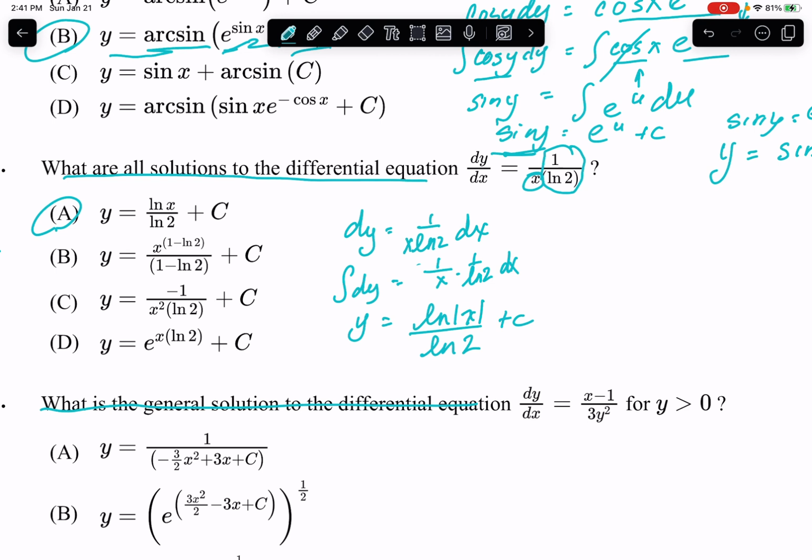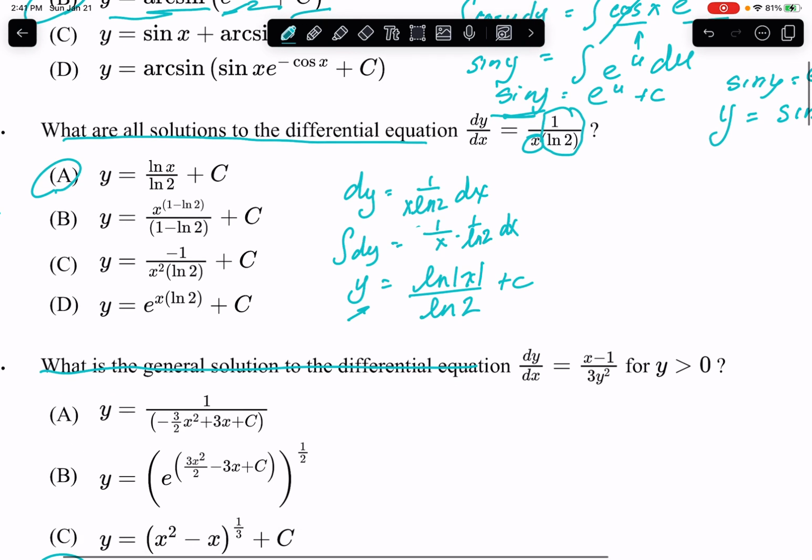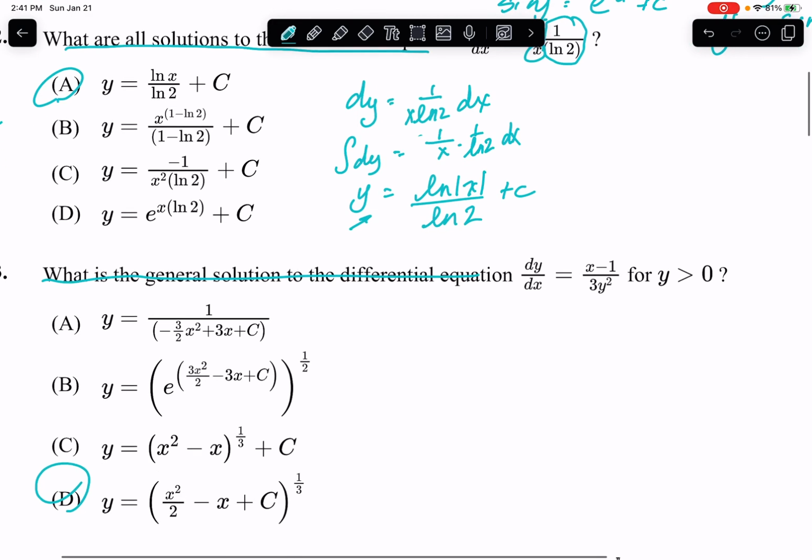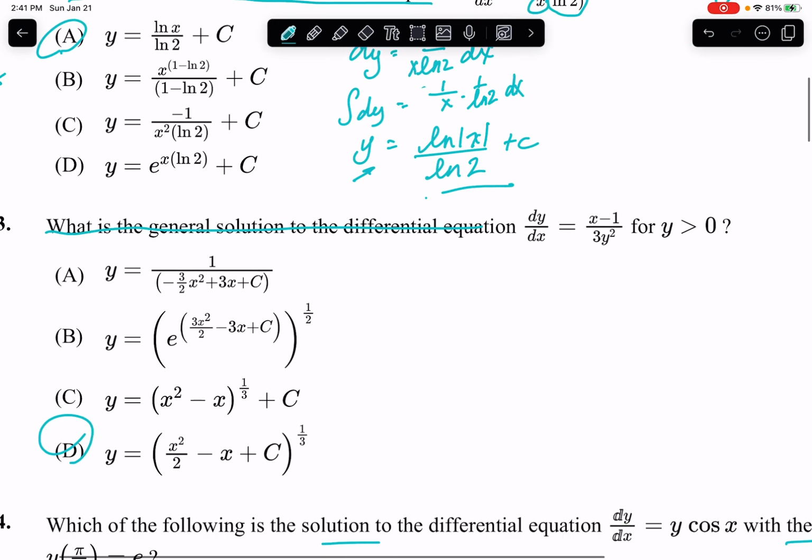I don't have another explanation for why they left that ln of x without the absolute value, because they would have to tell you what if y was going to be positive or something like that to get rid of it. But you don't have any other choices, so you're going to have to pick A. If you can think of a reason why they took it off, let me know.